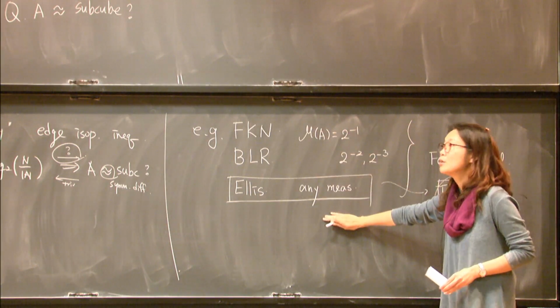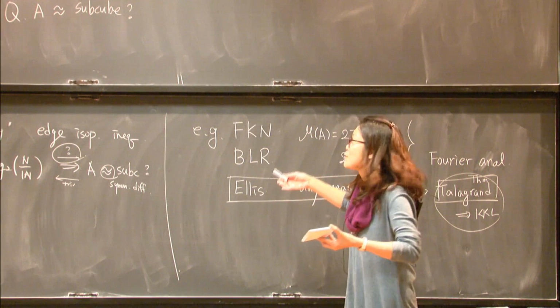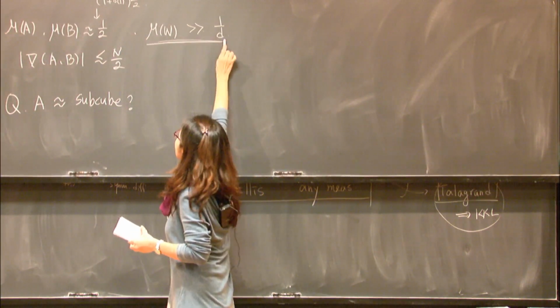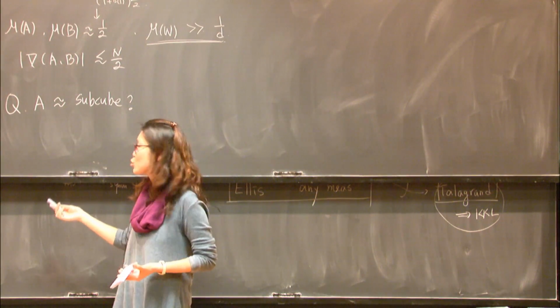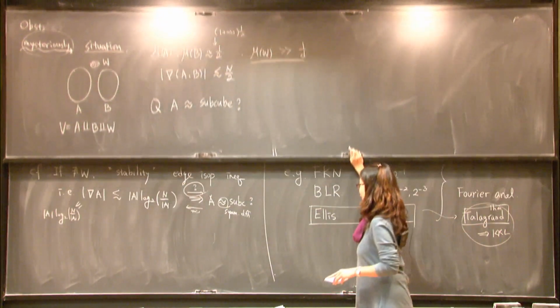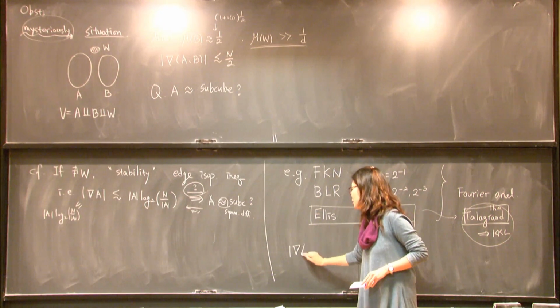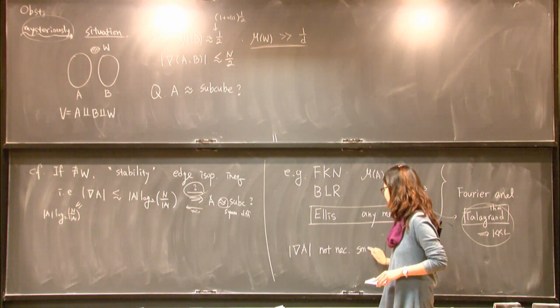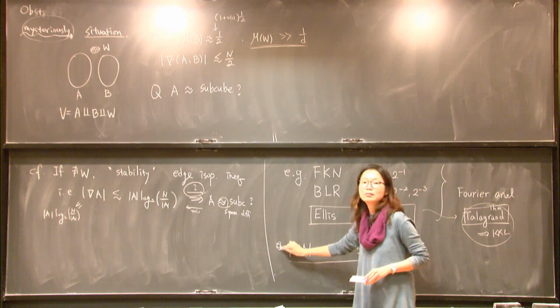But because we have W, what's the problem? We cannot necessarily assume that nabla of A is small. So in our situation, the difference is that nabla of A is not necessarily small. And it was our main obstacle.